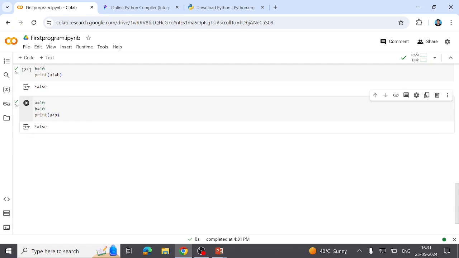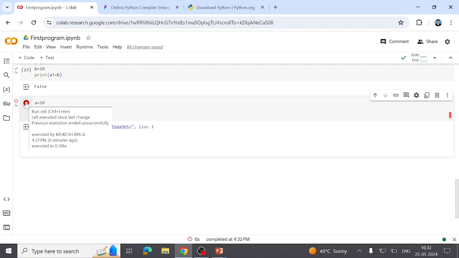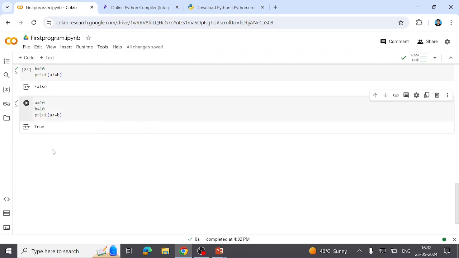So if you want to check both the conditions, less than or equal to. So true, because it is not less than but equal to is the condition.